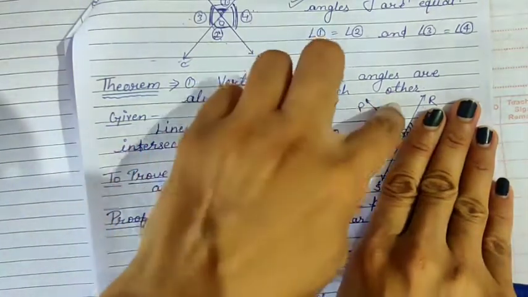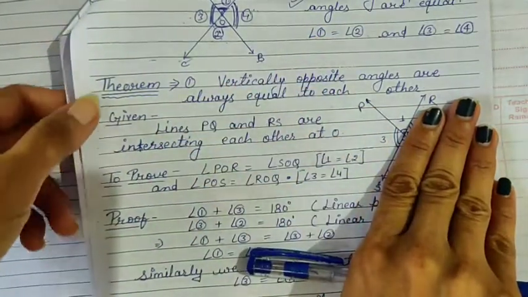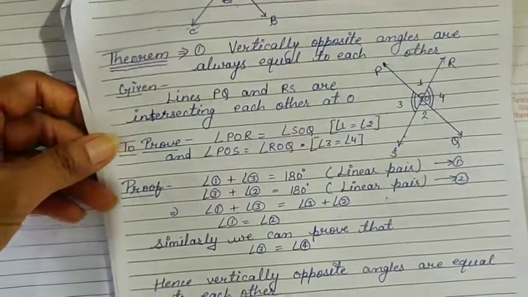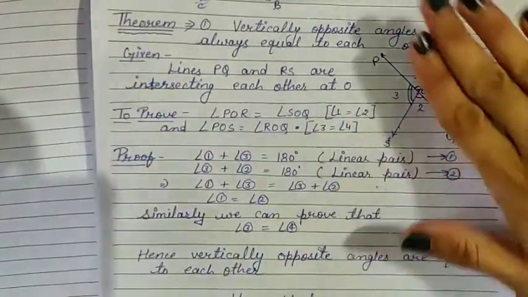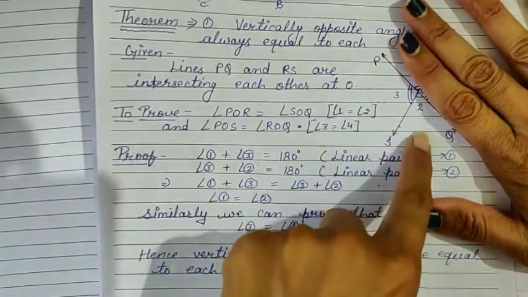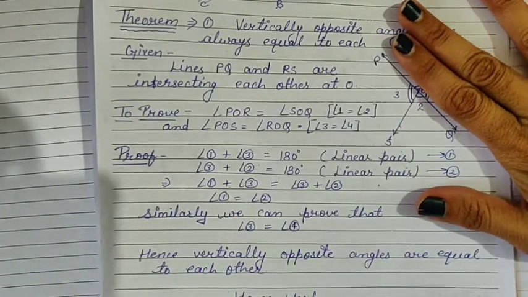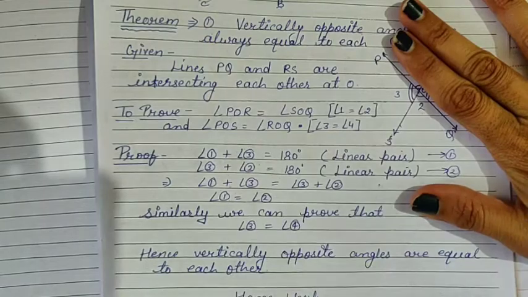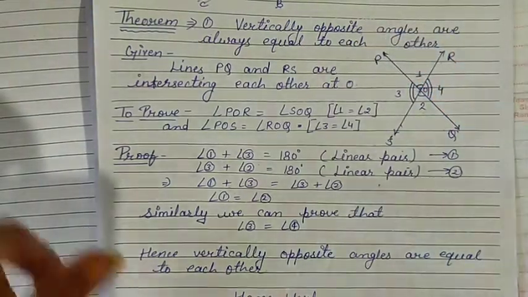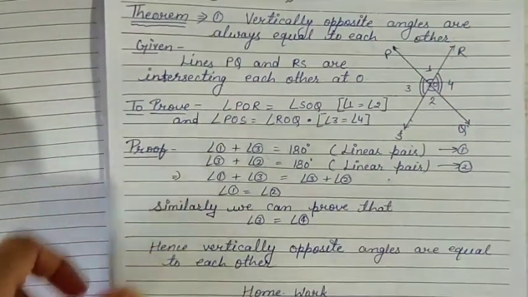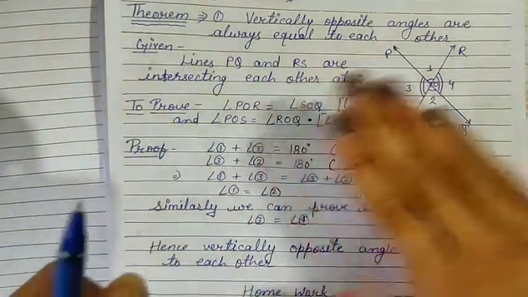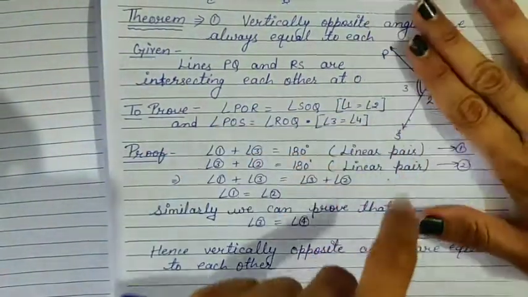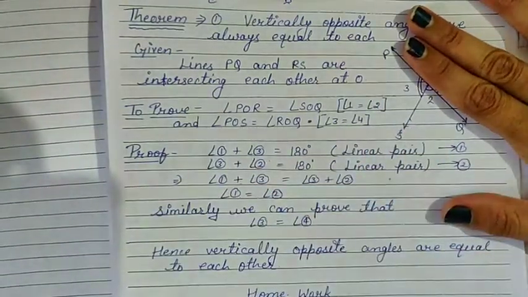It means angle 1 plus angle 3 equals 180 degrees, linear pair. And angle 3 and angle 2 are also a linear pair of angles. So angle 3 plus angle 2 is also equal to 180 degrees, linear pair. This is equation 1 and this is equation number 2.